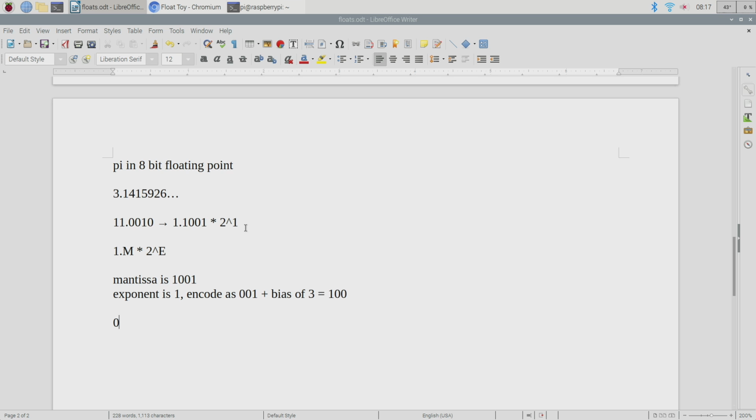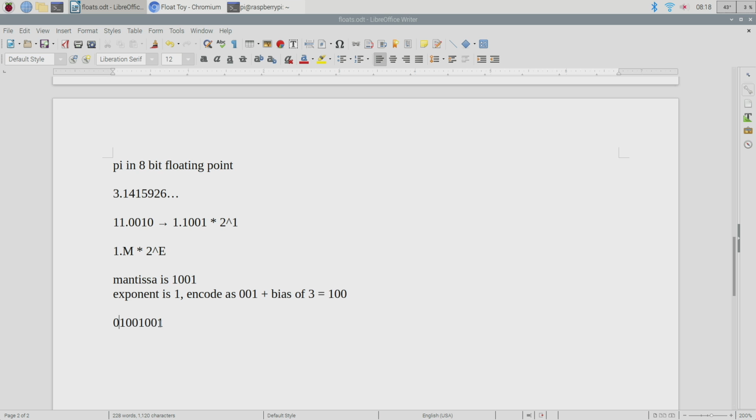It's a positive number. Okay, what comes next? Which bits come next? The exponent bits. What are the exponent bits? 1, 0, 0. Okay. And then lastly, the mantissa bits. What are the mantissa bits? 1, 0, 0, 1.